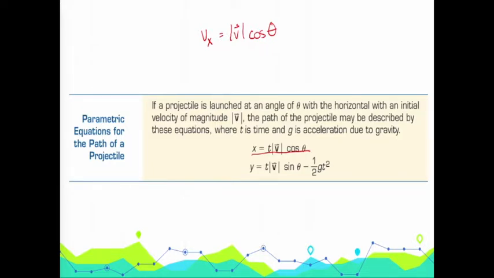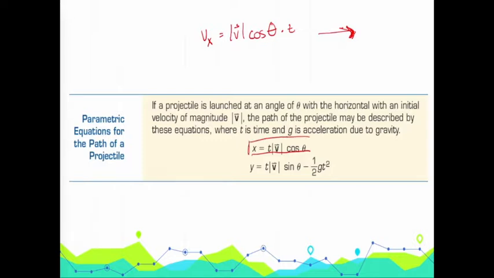In the x direction, your acceleration is 0. So an object traveling horizontally is going to travel at that same velocity. So to get the position of that projectile in the x direction, you just multiply that initial velocity by t.